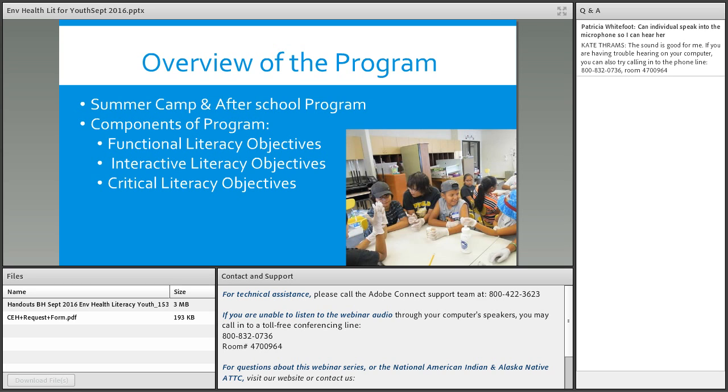Another major component is that interactive literacy, and that's the sharing with the parents. So we included a newsletter every session, which had activities and some kind of project they had to do with their parents or family members when they got home. And then the critical literacy objectives were thinking about how they can work together to use this information to make changes.